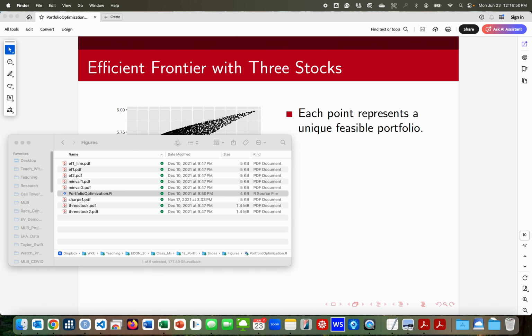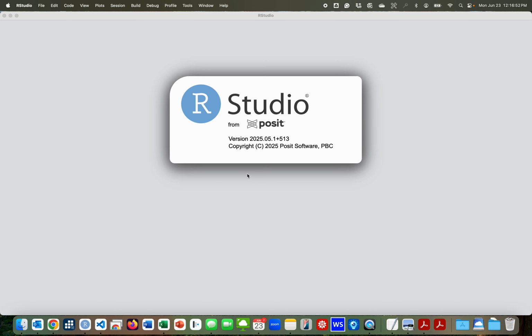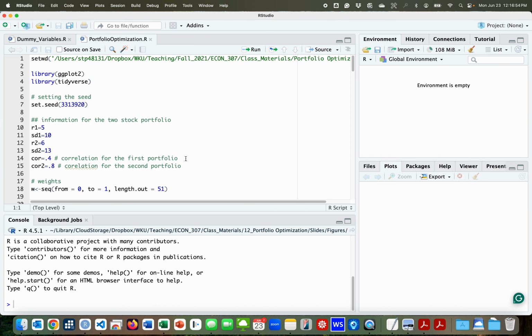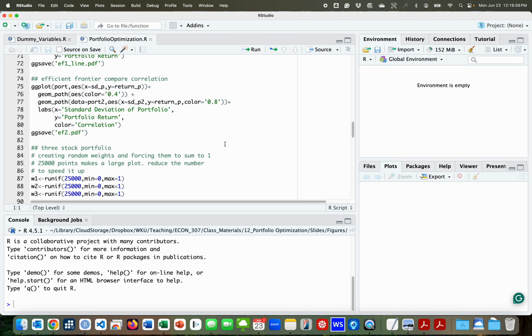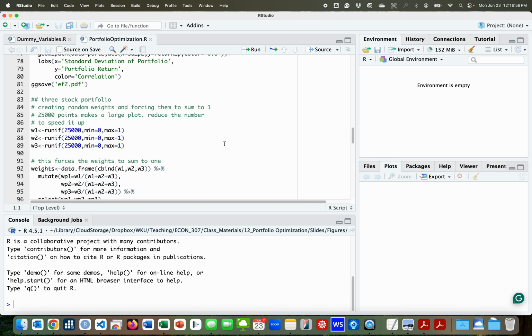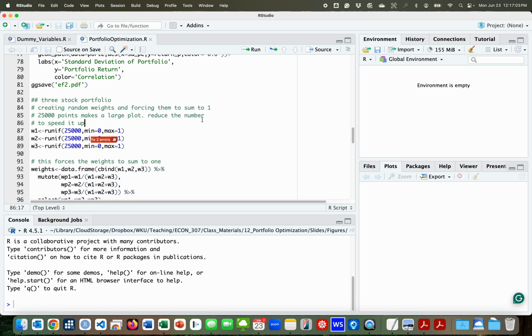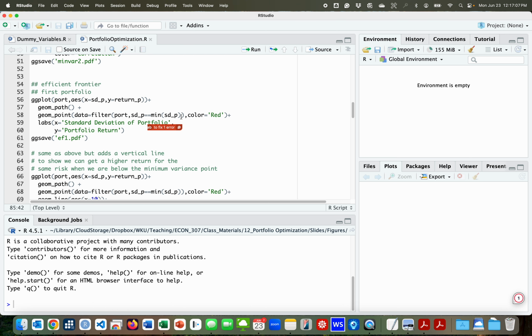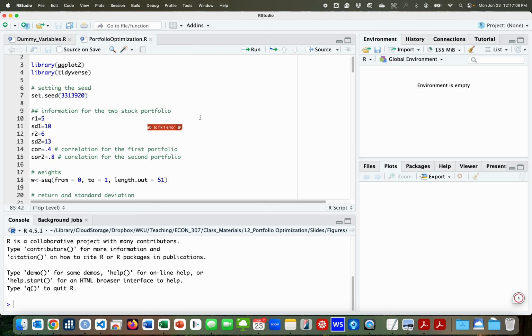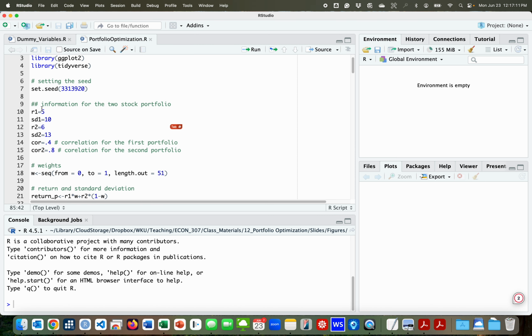So I did this in R. Making these kind of plots in Stata would be a nightmare. But all I'm doing here is setting up my three stock portfolio. Here, these are just the weights. So what we already have up here, I'm setting my returns and standard deviations.